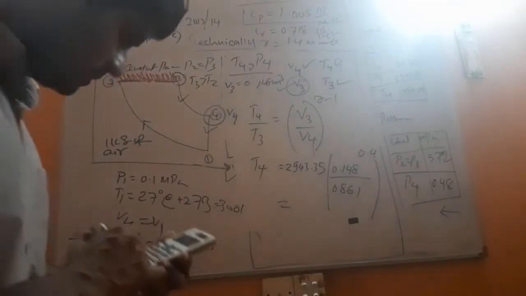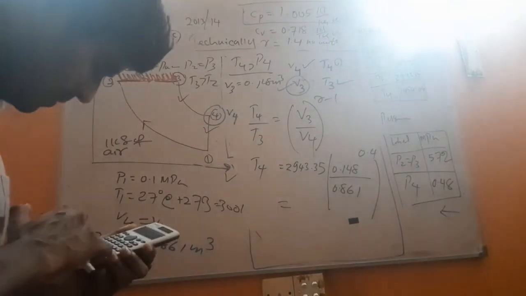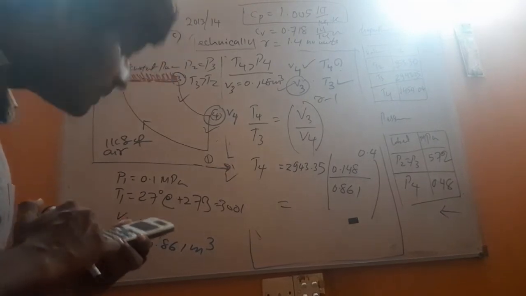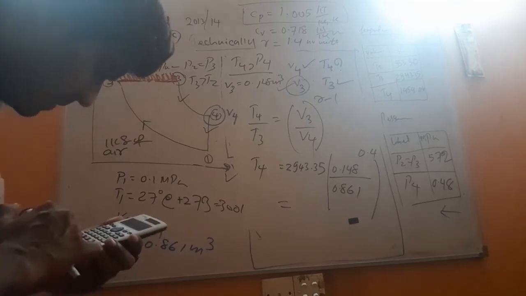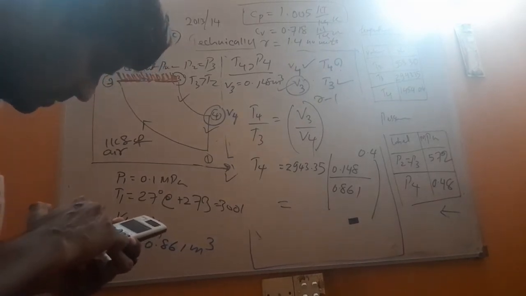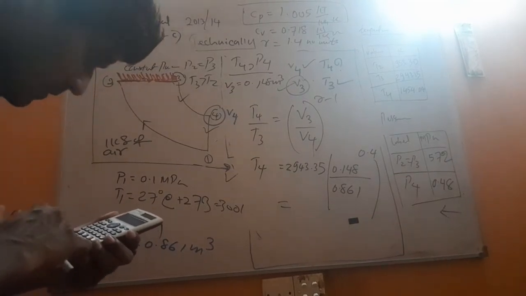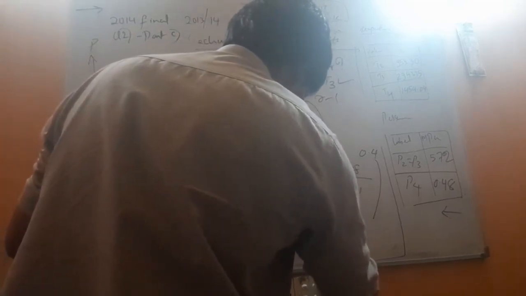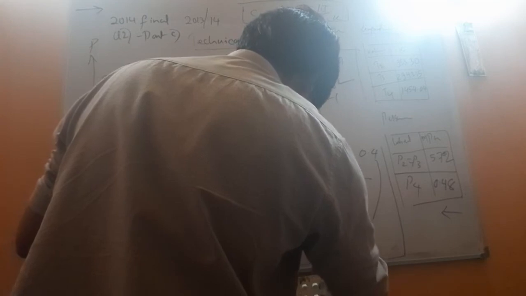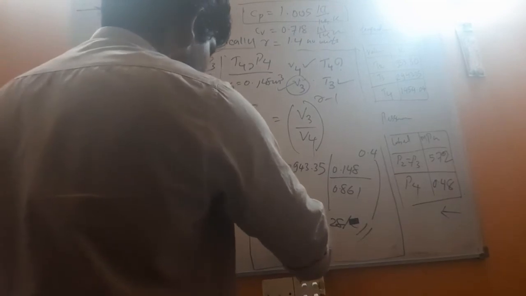What is T4? Let's see whether our values are matching. 0.148 divided by 0.861, to the power 0.4, multiplied by 2943.35. It is 1455.28 Kelvin.